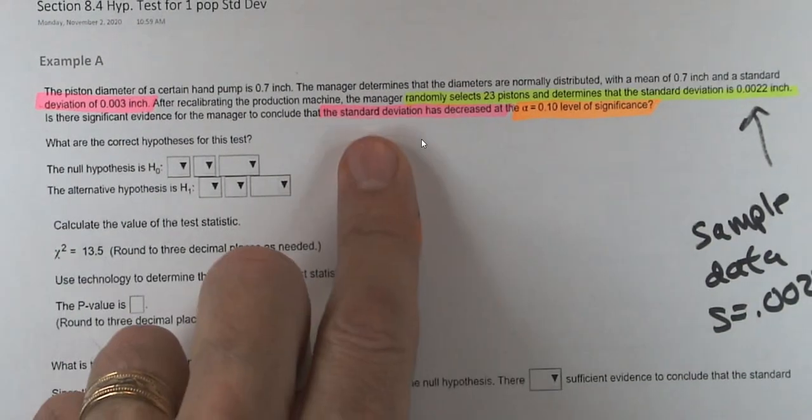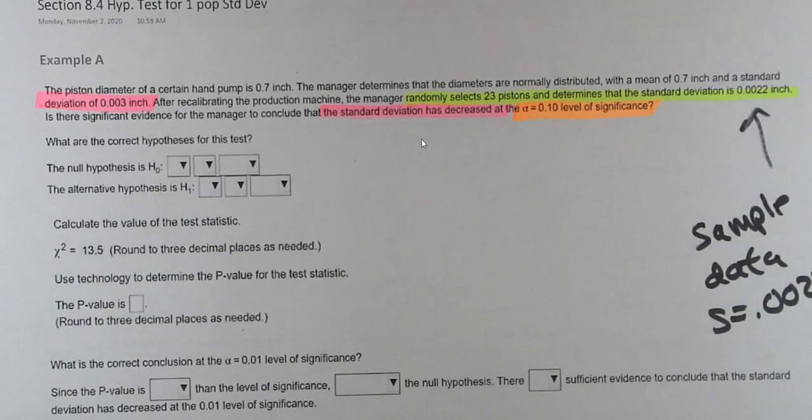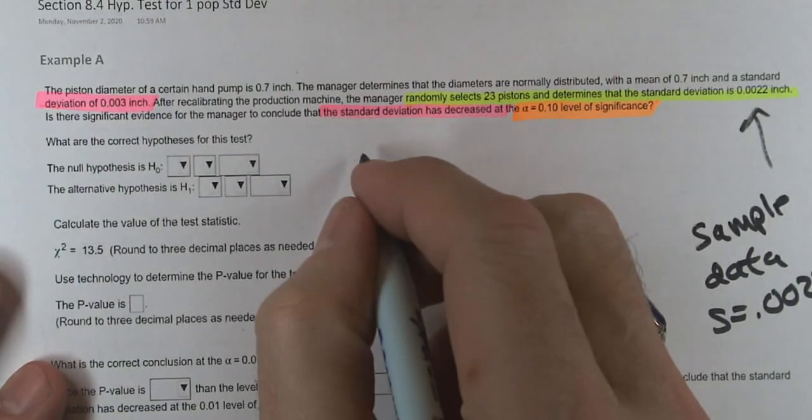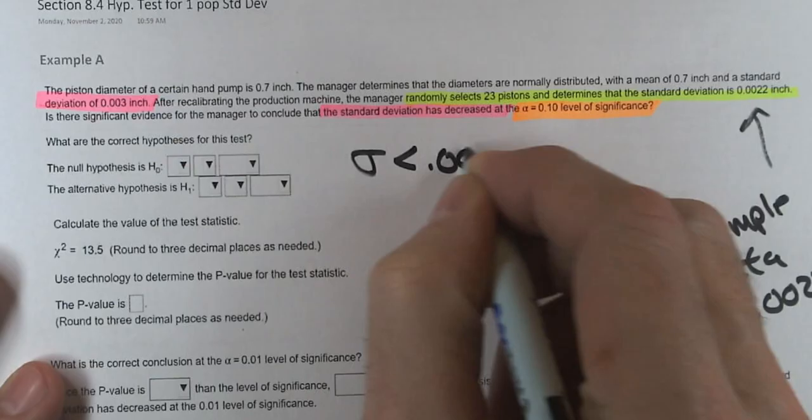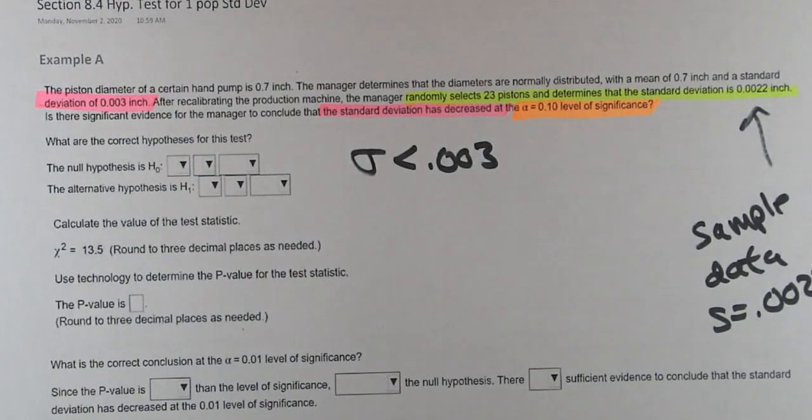So what's that going to look like here? Sigma. Yep, sigma is less than 0.003. So you've got to decide now, is that going to be part of your null or alternative hypothesis? It's going to be the alternative hypothesis.